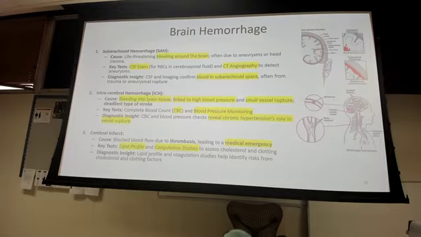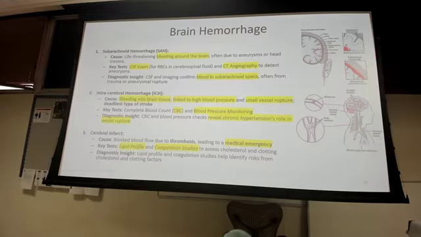All right. And here's a brain hemorrhage. So the tests that are associated with brain hemorrhages are CSF exam. So we're looking for red blood cells in the CSF, and then a CT will also be used as well. Your patient has intracerebral hemorrhages.